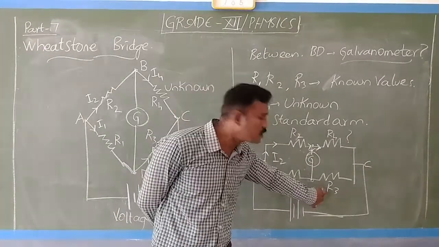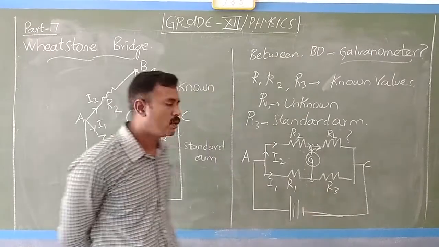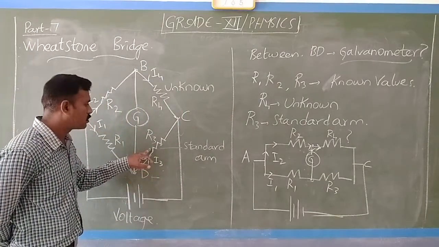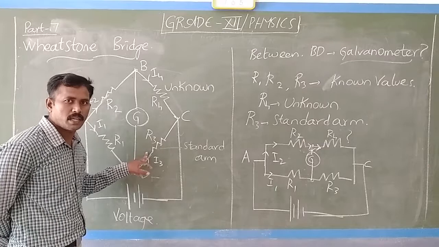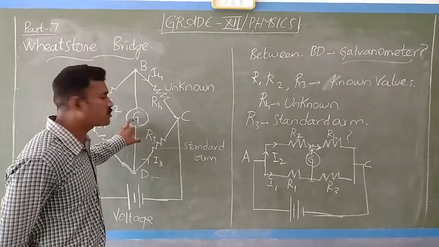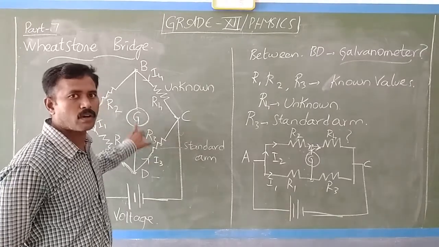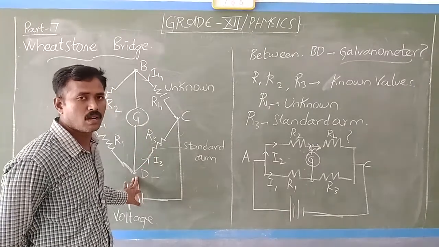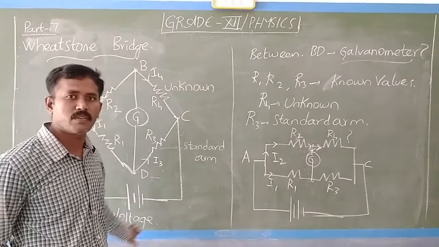So what happens when you vary R3? When you vary the value of R3, there will be some changes in the galvanometer, or some changes in the current, or in the potential difference.